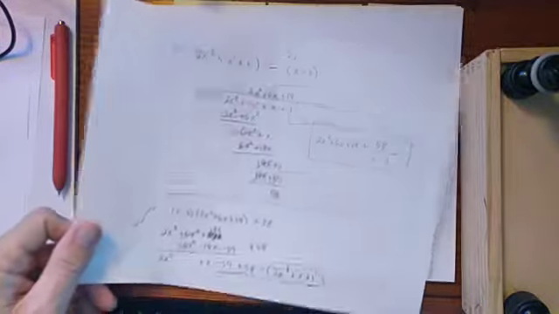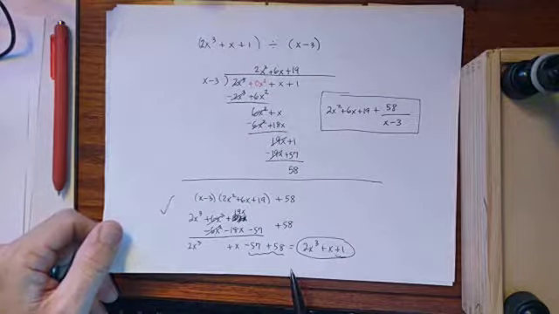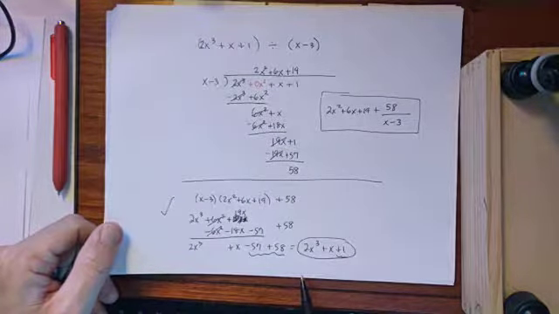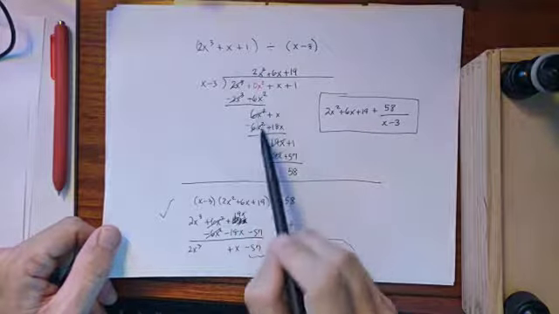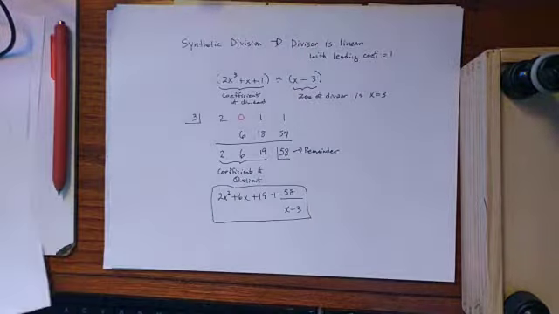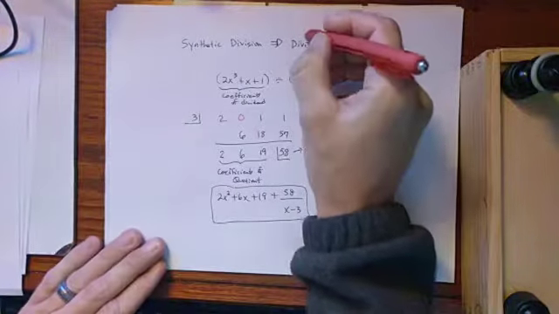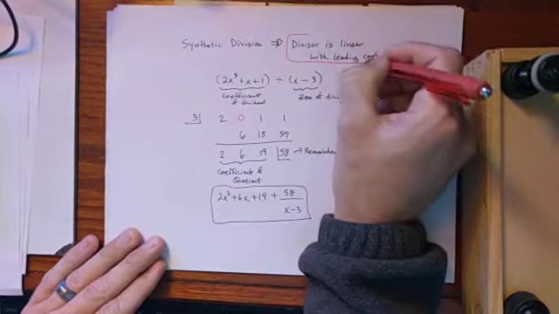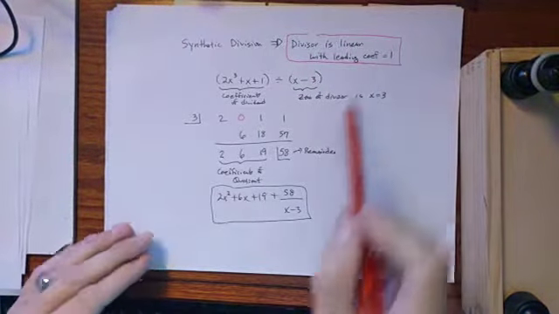And you can see now that the long division process has a lot more stuff going on and writing things down, and it goes a little bit slower because you have all these x's and things to keep up with. The only drawback to synthetic division is that you have to have a divisor that's linear, and you should be doing this with a leading coefficient of 1.